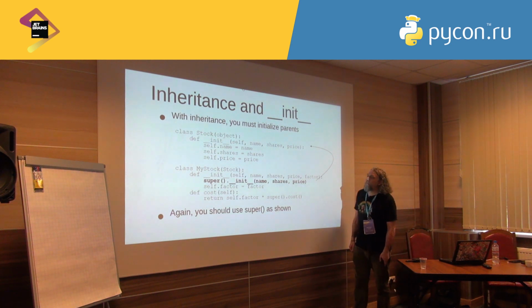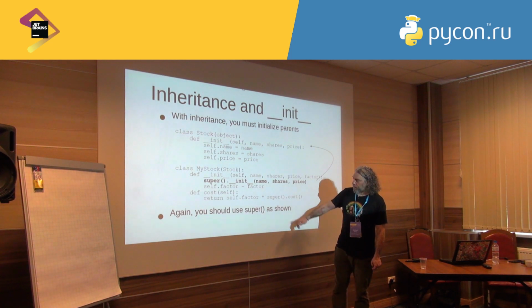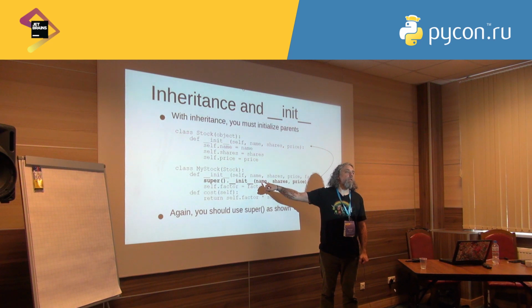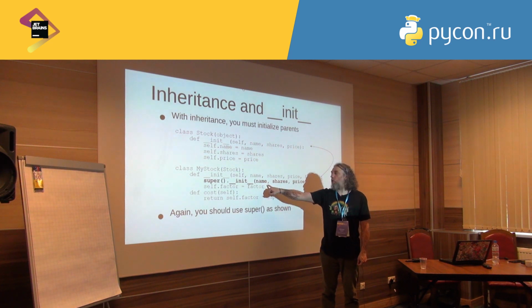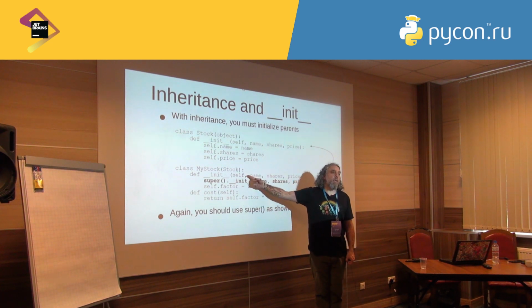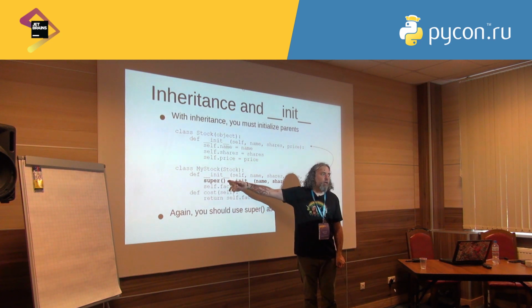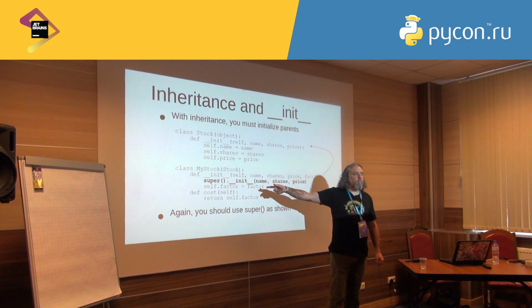And of course with inheritance, a place you're pretty much always going to want to make a super call is if you override the initializer. Who knows why this is an initializer and not a constructor? Because there is also a dunder new method.